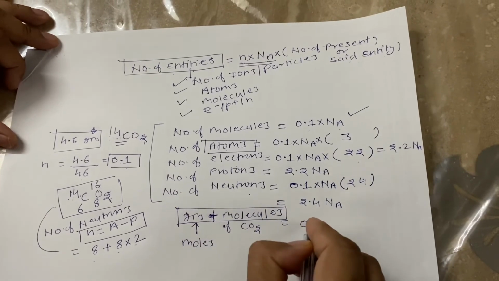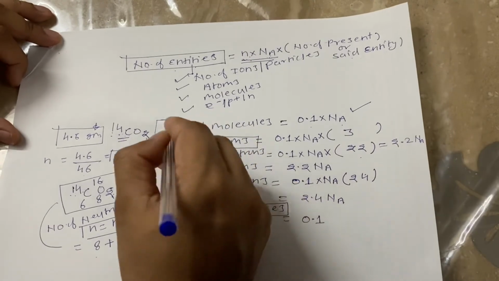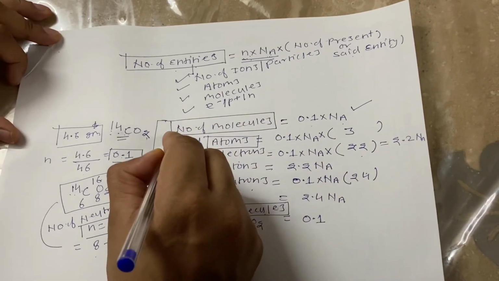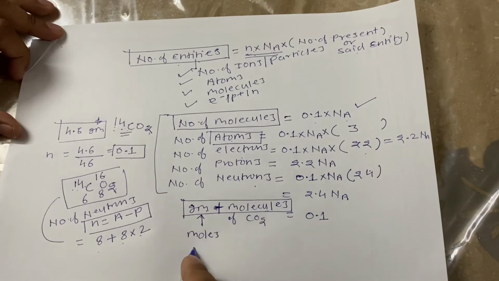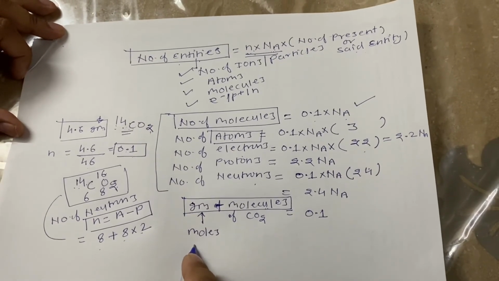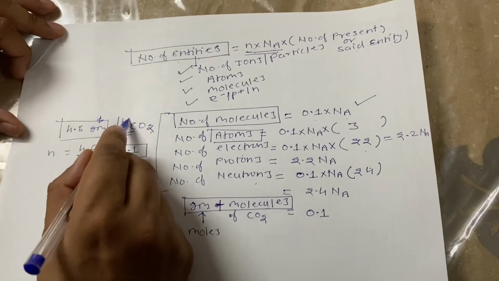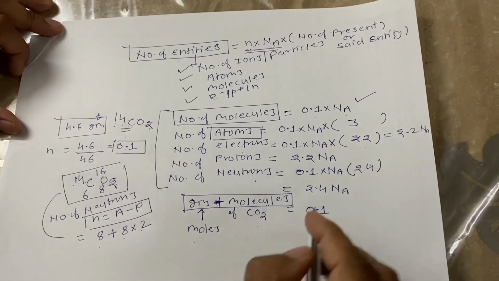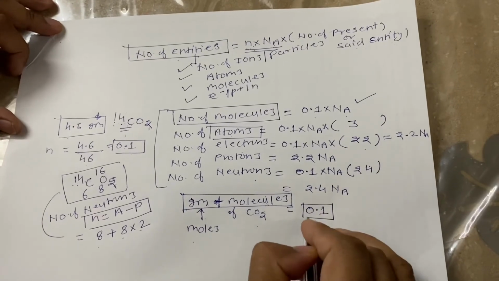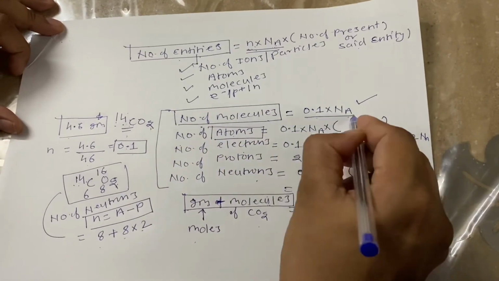So the correct answer will be 0.1. It is to be noted that the number of molecules is an entity, but the number of gram molecules is not an entity. It is actually the amount of substance, which is moles. So in 4.6 gram of 14CO2, if the gram molecules of CO2 are asked, then the answer will be 0.1 and the number of molecules will be 0.1 Na.